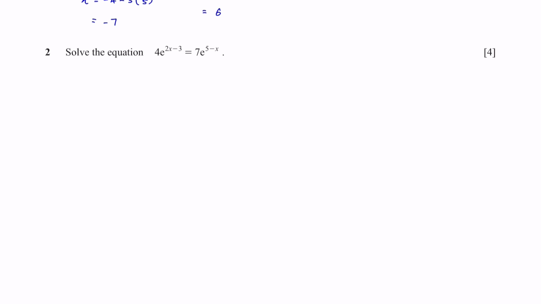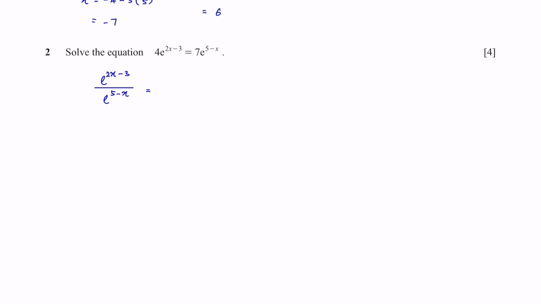So we can group the exponentials together and the coefficients together. So we have e to the 2x minus 3, and we bring this to the left hand side over e to the 5 minus x.